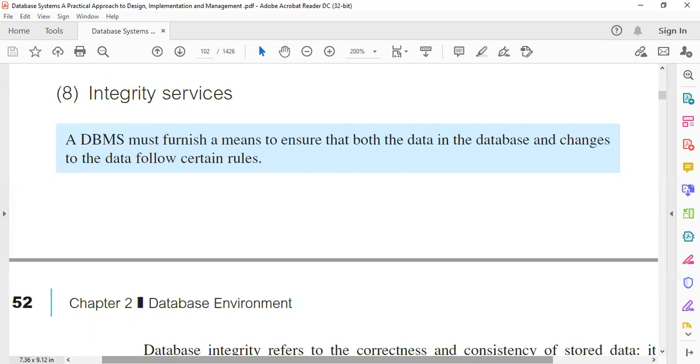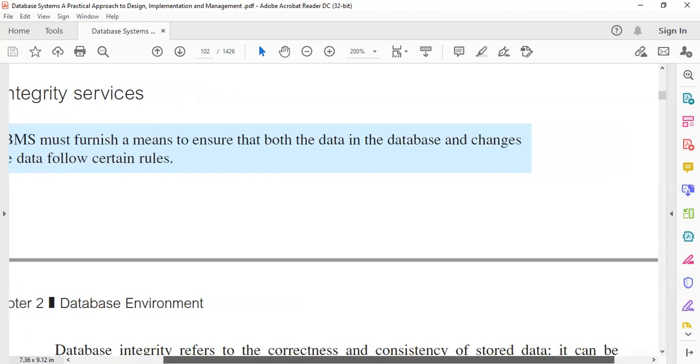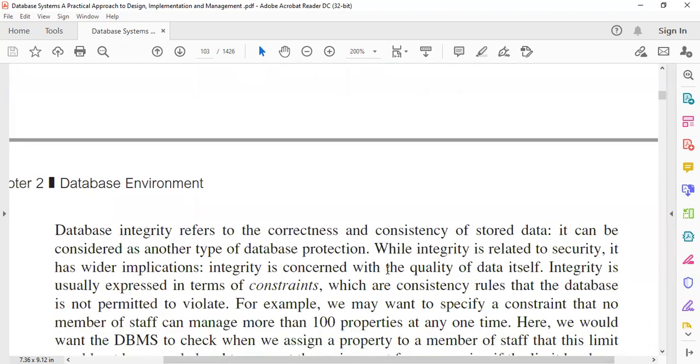They must be done using a specific order, and it is the work of the DBMS to ensure that these changes that are happening on the database are done following some rules.